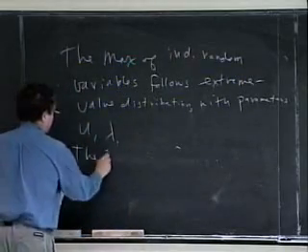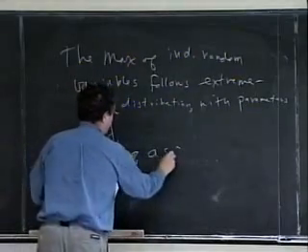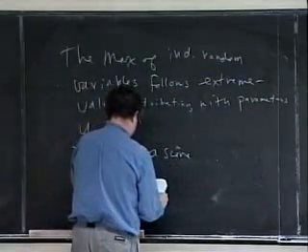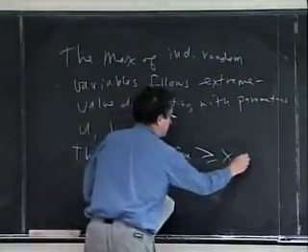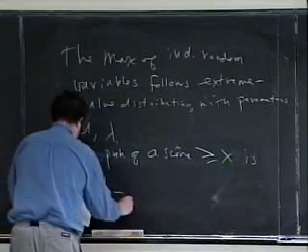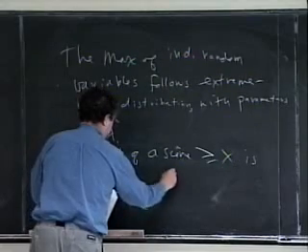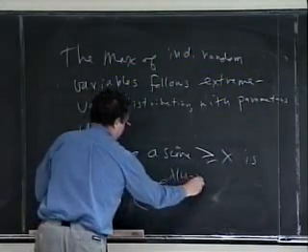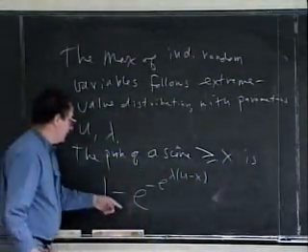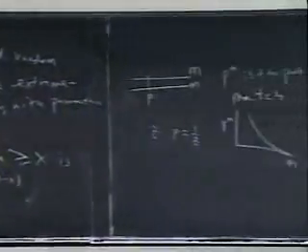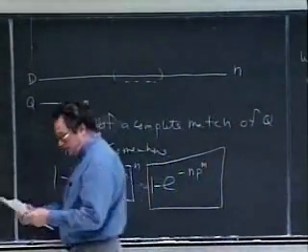The probability of a score greater than or equal to x is the following: 1 minus e to the minus e to the lambda (u minus x). Pretty awful looking thing. Okay? But kind of reminiscent of this one, at least very superficially.